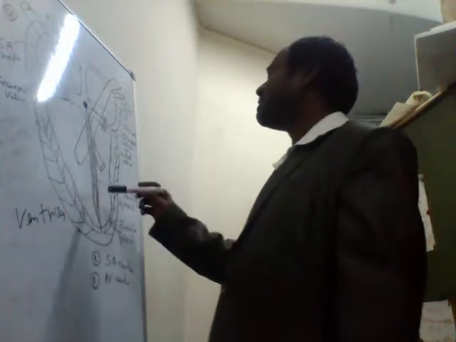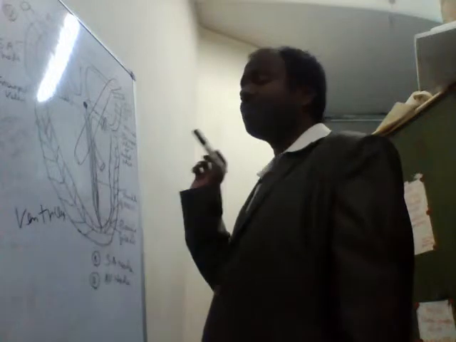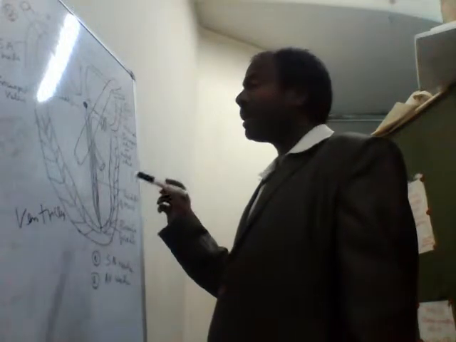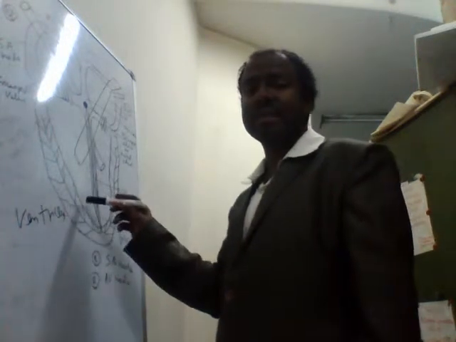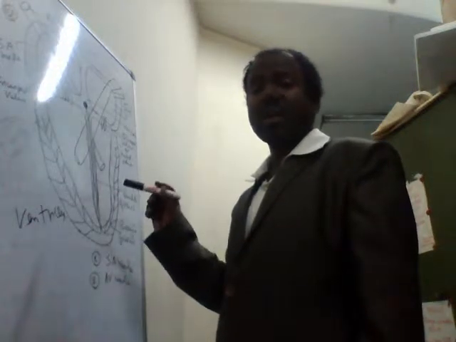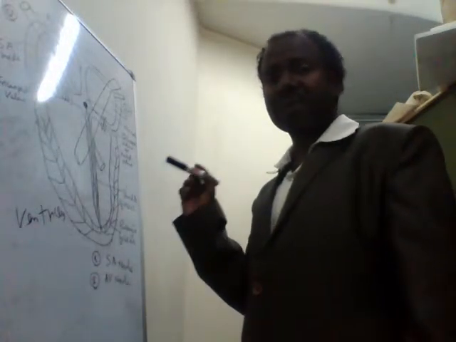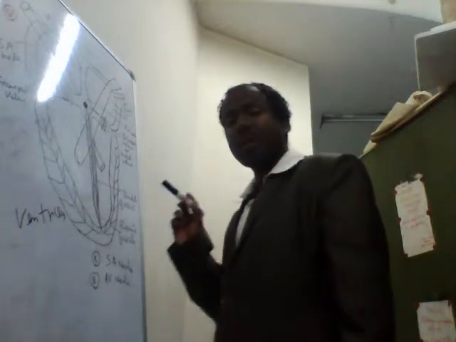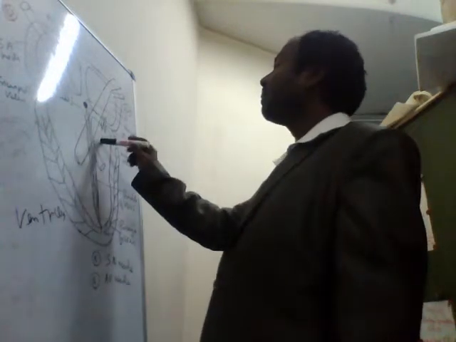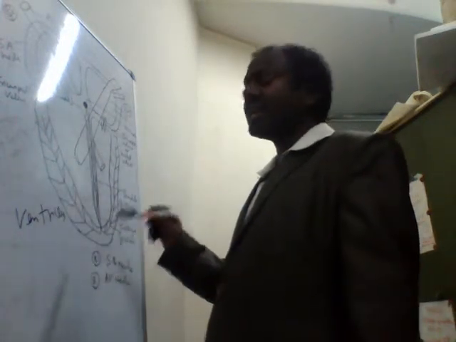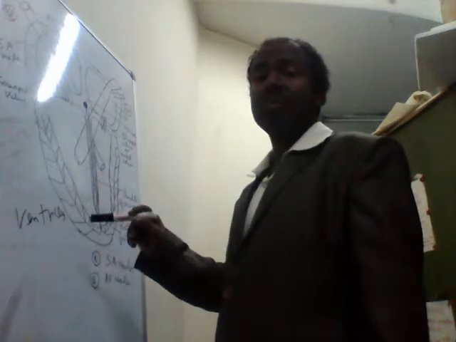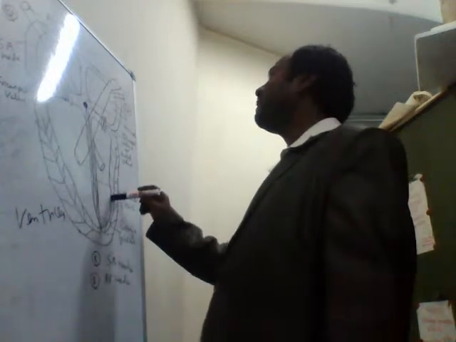In human, it's completely developed for purification processes because humans have a double circulation system. First is pure blood circulation and impure blood circulation. This double circulation is divided through the pulmonary aorta and pulmonary vein.